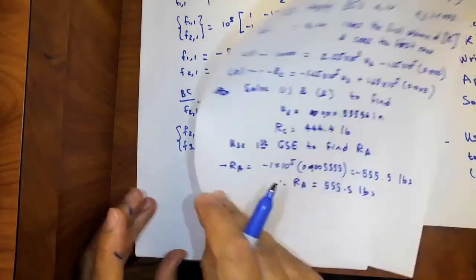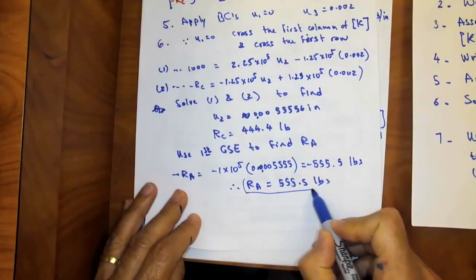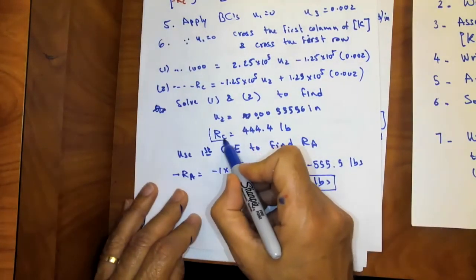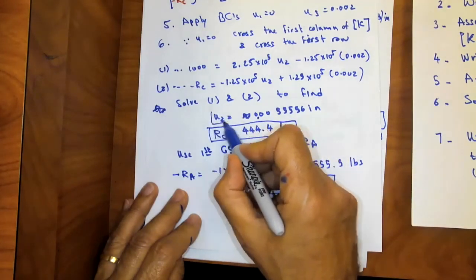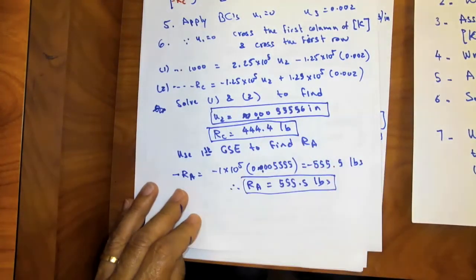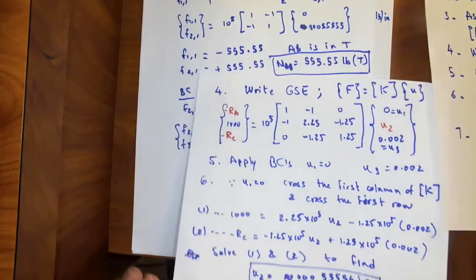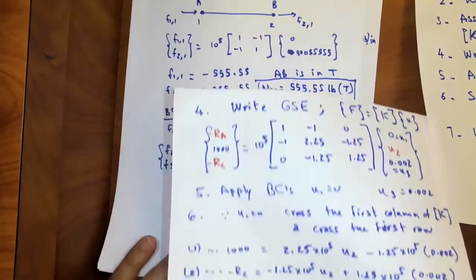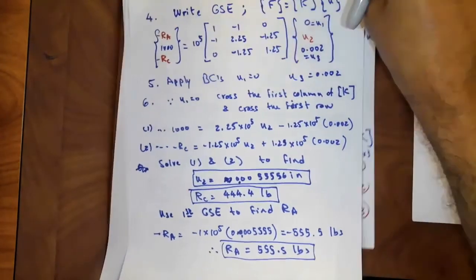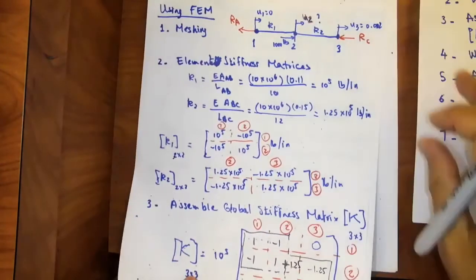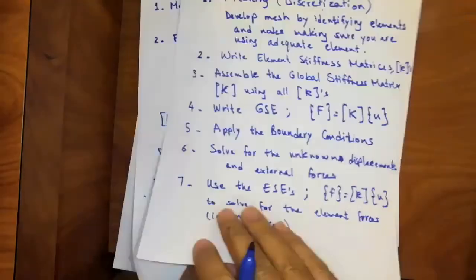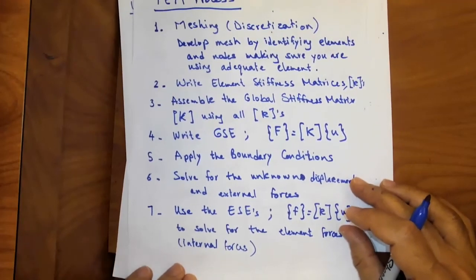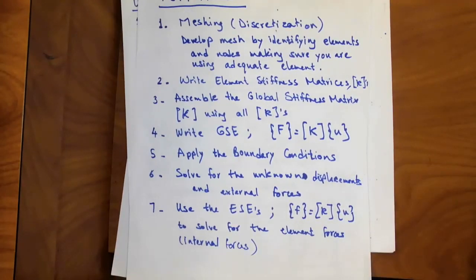And we did solve for the reaction at C, as well as the displacement at B. So this was a nice demonstration of how we apply the 7 steps of the finite element process that we have written down here to the same example you did in solids, and we were able to compare the 2 methods.